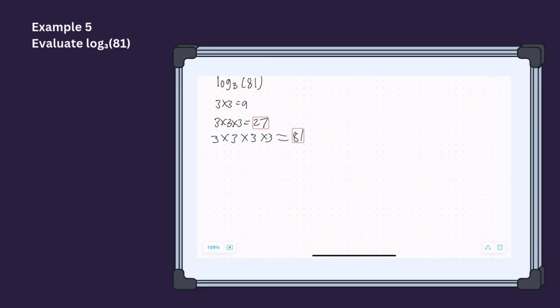So how many times? 1, 2, 3, 4. So 4. So our final answer will be log with the base of 3 of 81 equals 4.